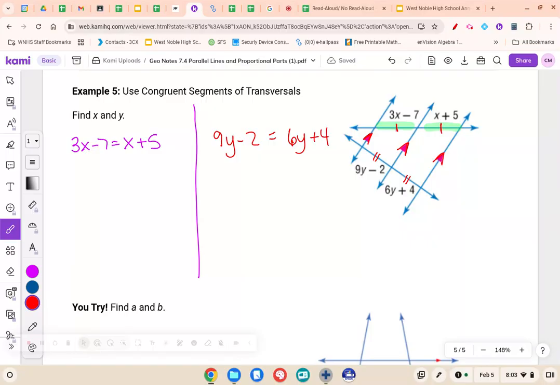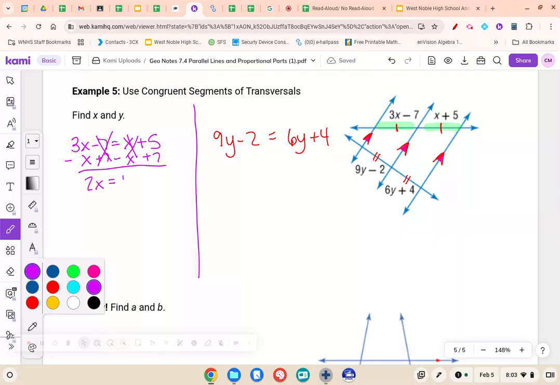And then we just solve these. Simple algebra from here. I'm going to subtract x, add 7. We have 2x equals 12, which means that x is equal to 6. And we do not have to plug it back in because it just asks us to find x.